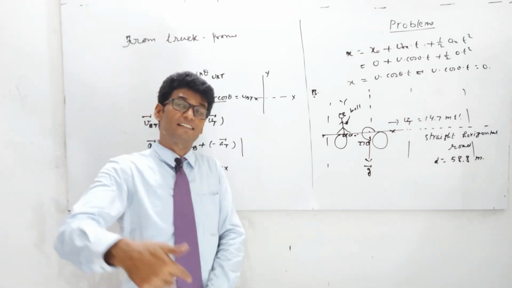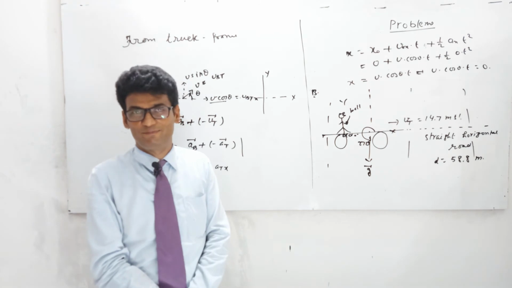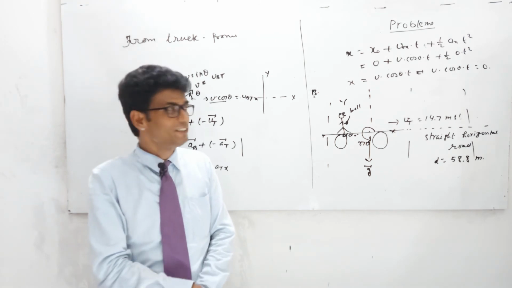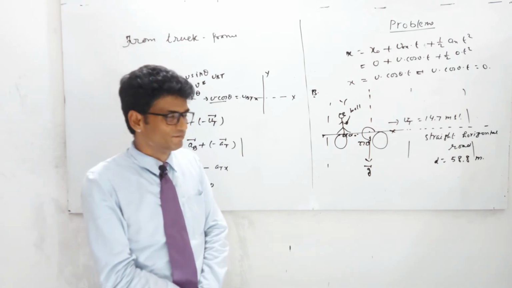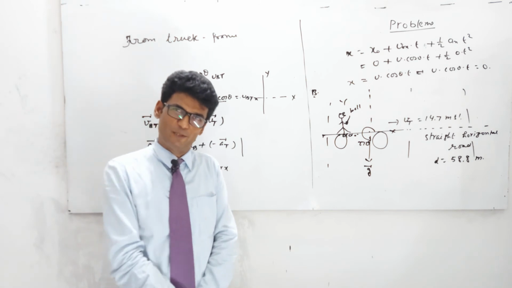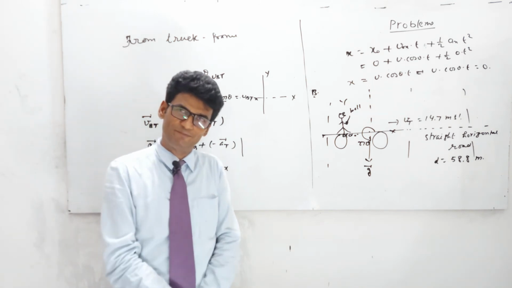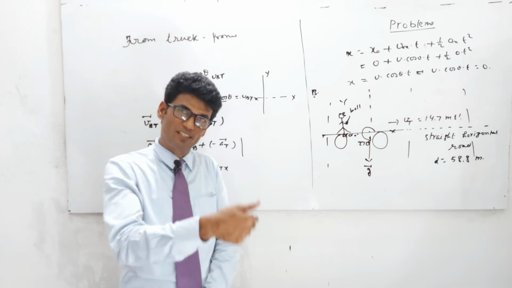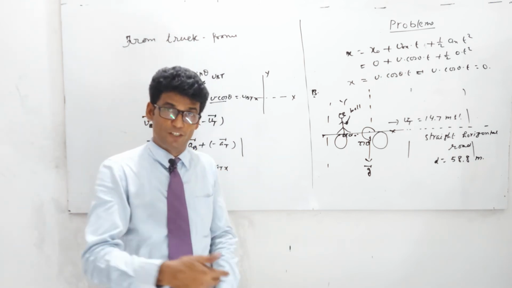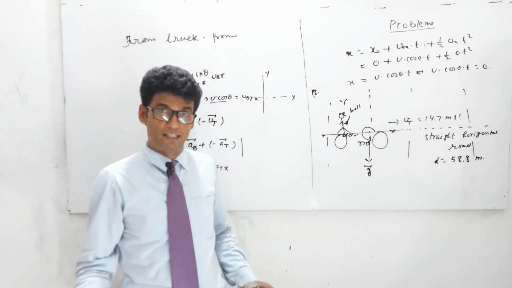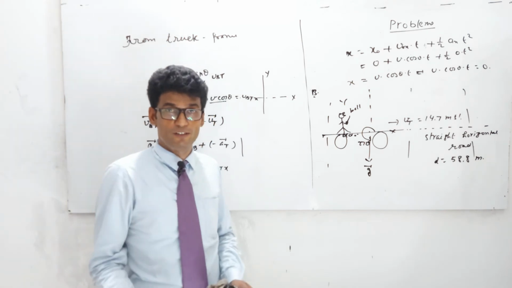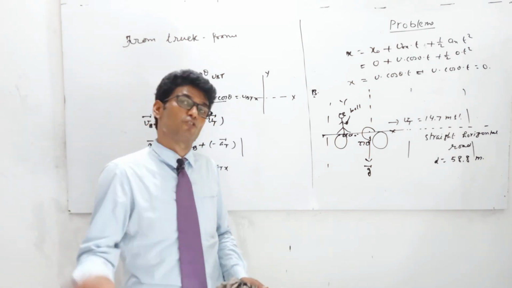And the right hand side is still 0. Definitely cos theta must be 0. Otherwise, how can one say that this relation is valid? Because v is not equal to 0, t is not equal to 0, and the right hand side is 0. So it is possible only when cos theta is equal to 0.